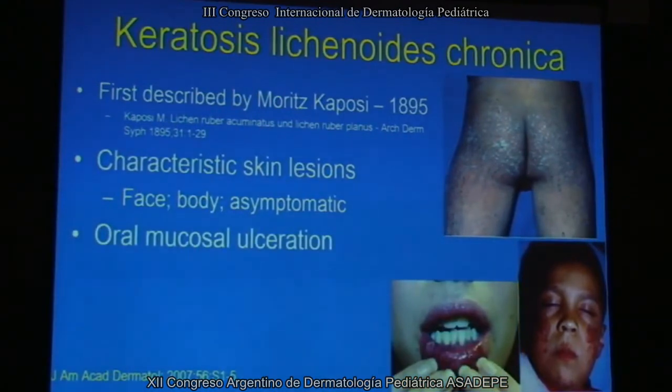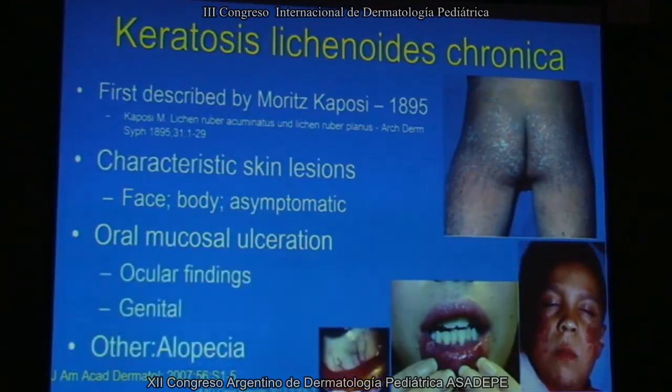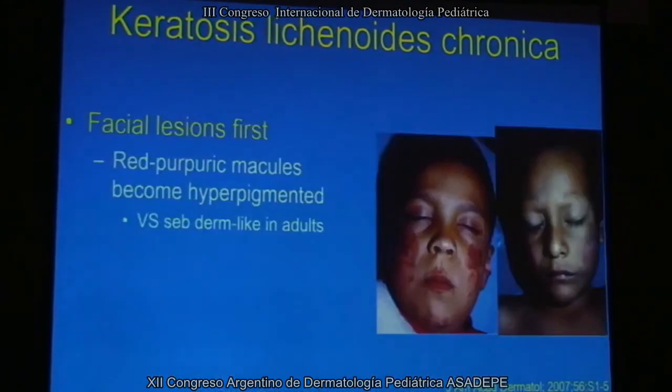Patients can exhibit oral mucosal ulceration, as well as inflammation in the eye or of the genitalia, and coexisting alopecia has been reported.